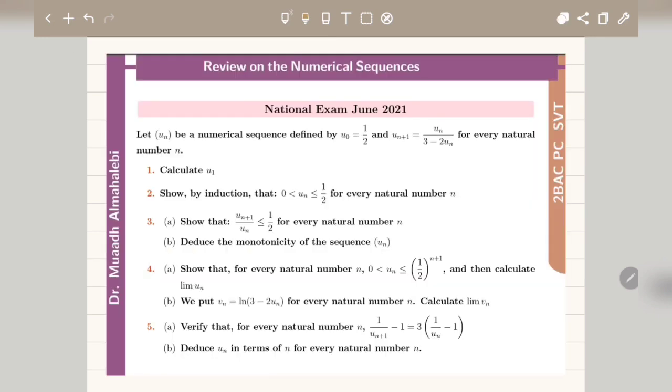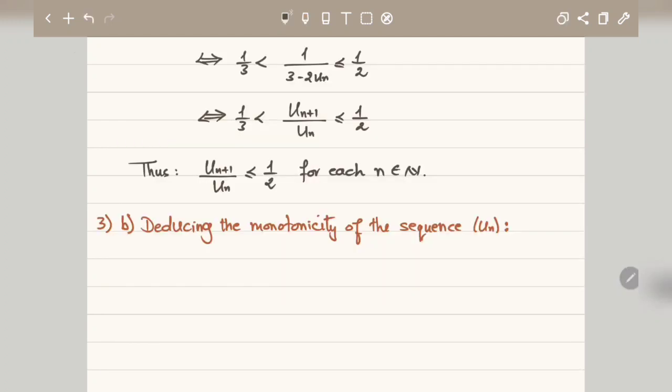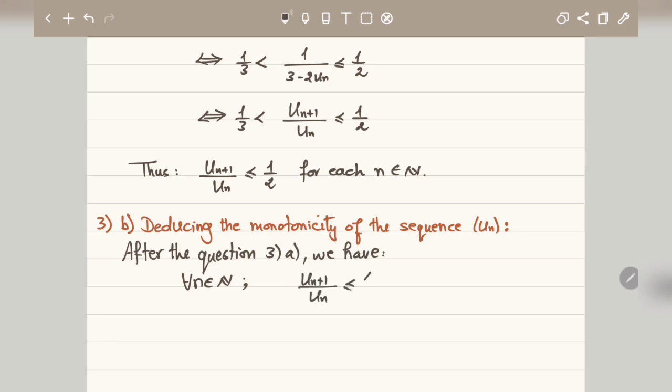In question 3, sub-question B: deduce the monotonicity of the sequence un. After question 3a, we have for every n belonging to N, un+1 over un smaller than or equal to 1/2, and also each term of the sequence is positive.